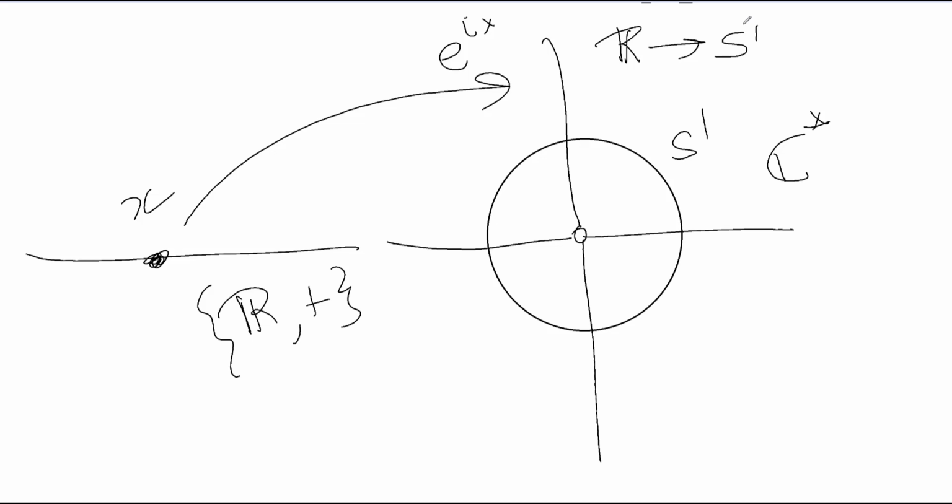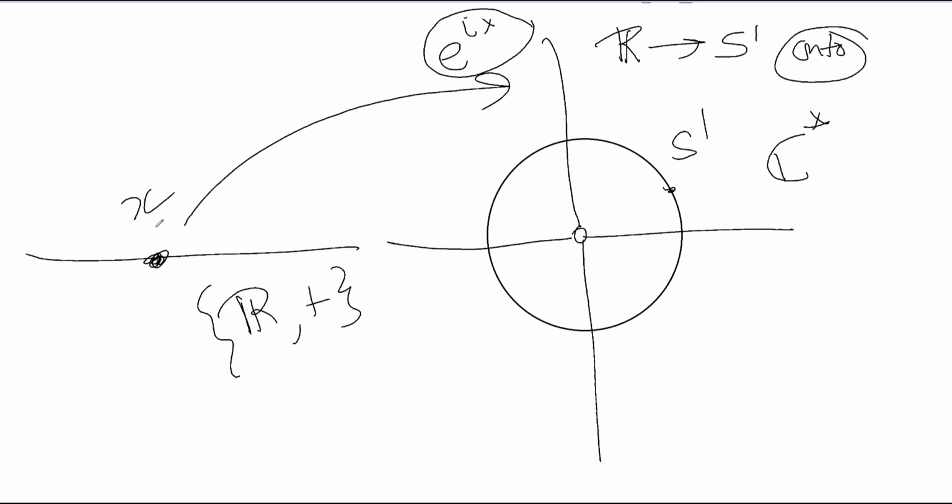In that case, that will be an onto map, because any point on this circle is of the form (cosine theta, sine theta), that can be written as this, so we can see that x can be taken as theta. I'm just saying that in terms of theta, it sounds a little easier.